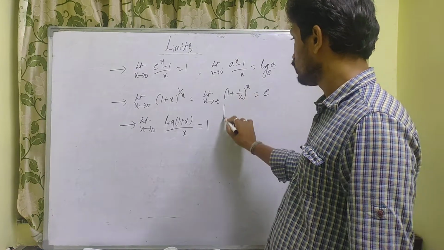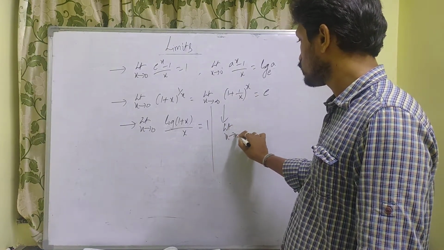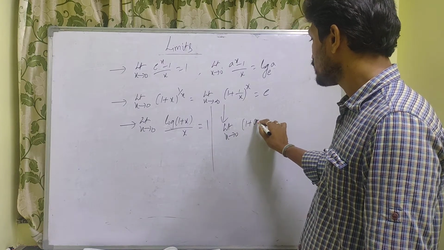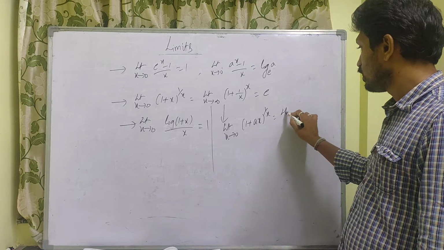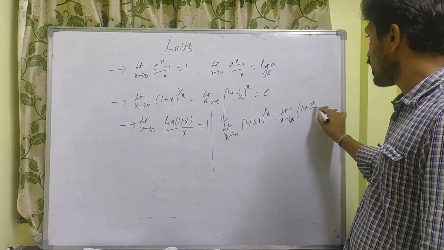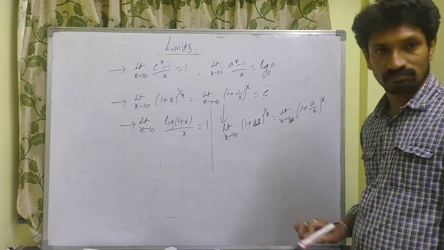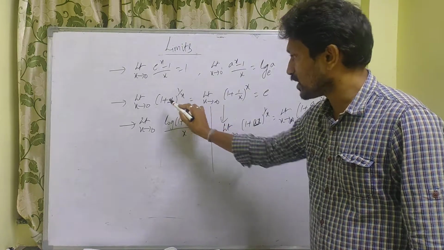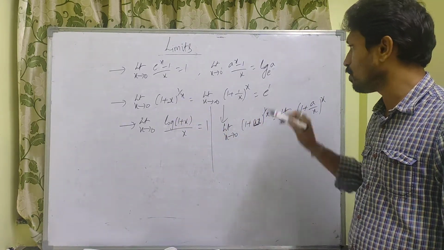Next one, based on this one, if you have some more questions, limit x tends to 0, (1 plus ax) whole power 1/x, or limit x tends to infinity (1 plus a/x) whole power x. Here a is there, if it is 1 you write e power 1.